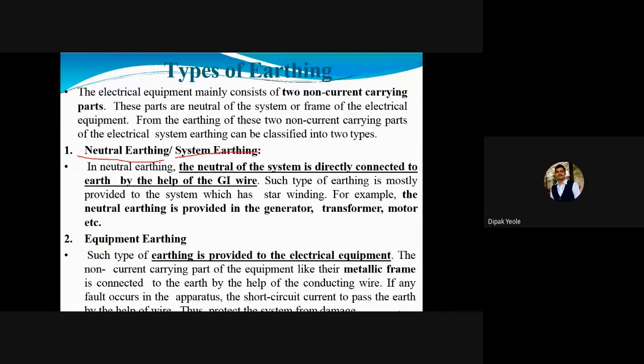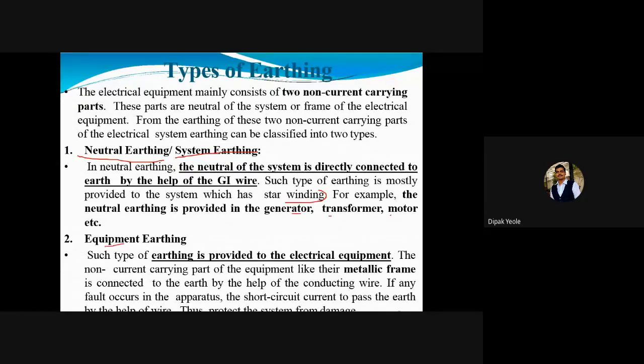I told you that the neutral of our system we can connect directly to the earth because ground can act as a neutral. Such a type of earthing is mostly provided to systems which have a star winding. For example, neutral earthing is provided in a generator, transformer and motor.